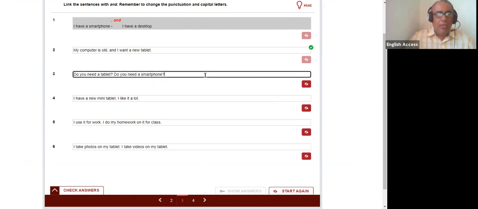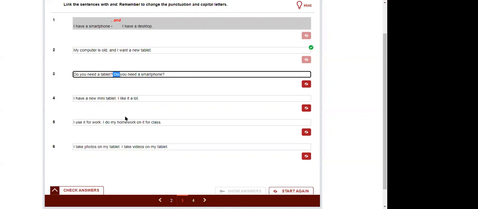For number 3, who helps me with number 3? ¿Quién me ayuda con la número 3? You see, we have two questions with do. Tenemos dos preguntas con do. Is the same verb. How do we link this using and? ¿Cómo los unimos usando and? Solo poniendo en medio.